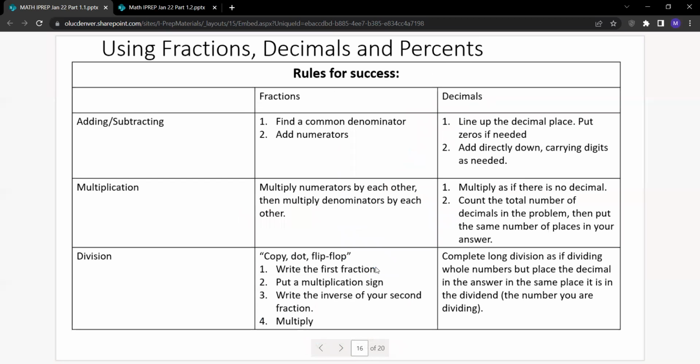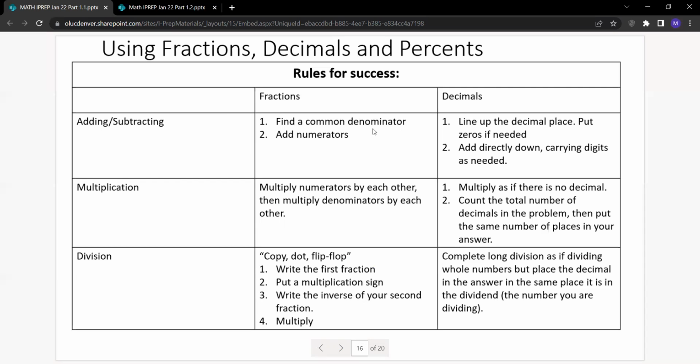So here are some rules for success when you're using fractions, decimals, and percents. When you're adding and subtracting fractions, you want to find a common denominator and then add the numerators. We'll go over that more a little bit later and in our practice problem video.